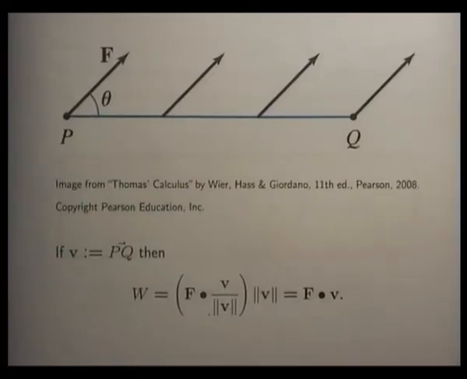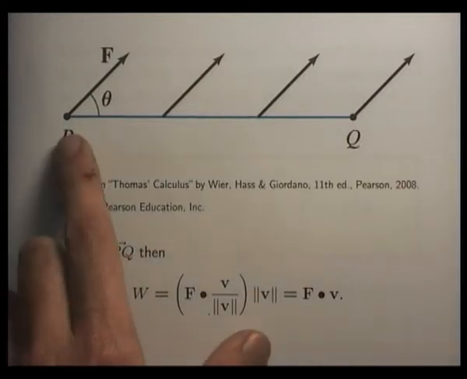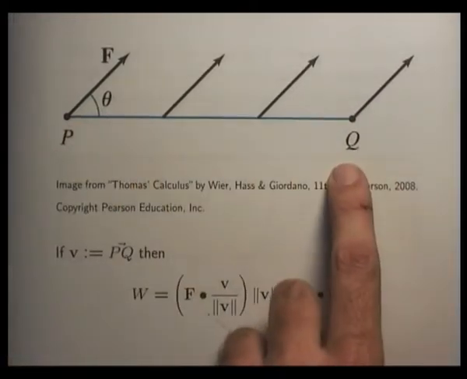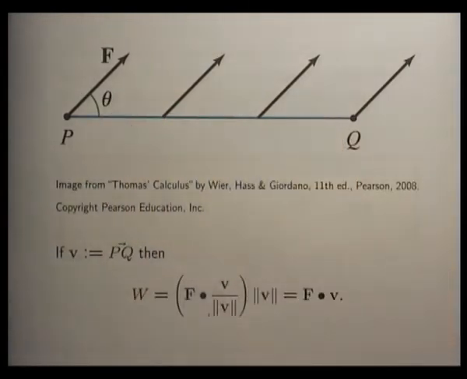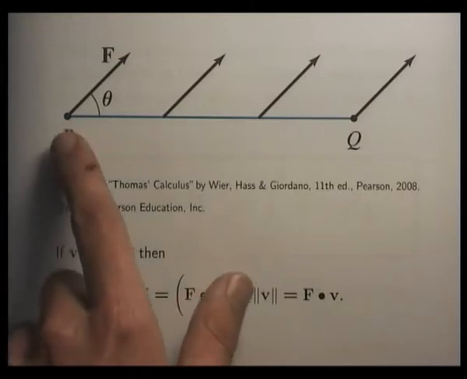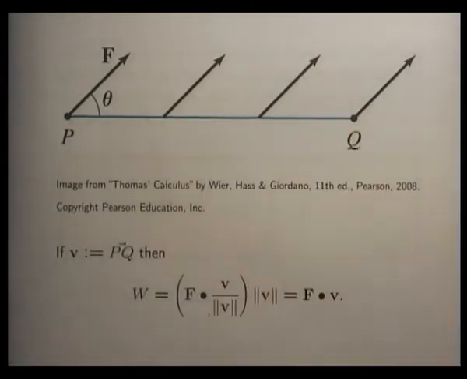Okay, so here's a real simple picture. Here, the particle is getting moved from P to Q. The force, say a constant force, is given by F. And we learned that the work is just the dot product of the force with the vector V, if we let vector V equal the vector PQ.